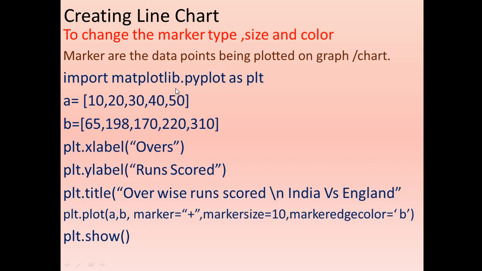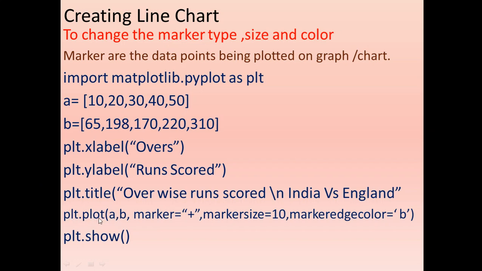arguments. Okay, so you can see here starting from here till here it is the same coding. Whatever changes, whatever marker type, size and color can be specified using this very line.